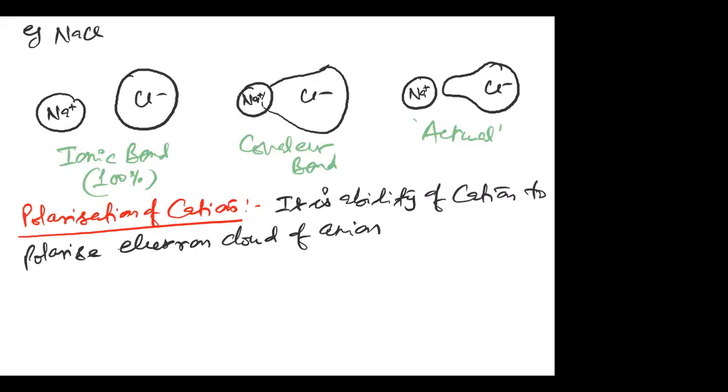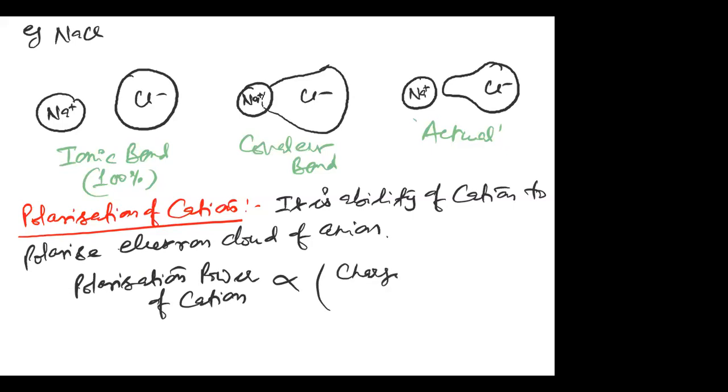And polarization power of cation is directly proportional to its charge divided by size. Polarization power of cation is directly proportional to charge divided by size of cation.